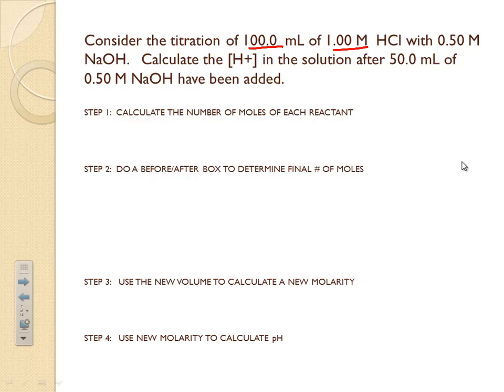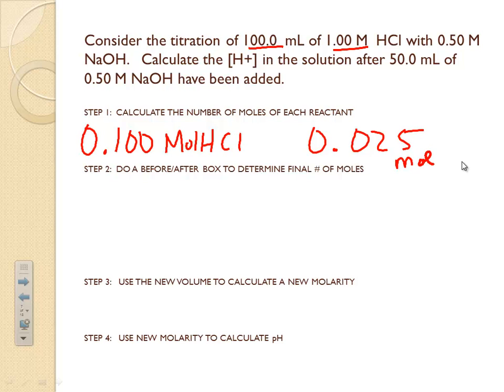And ultimately, that's going to give us 0.1 moles of HCl. And we're going to find that we have 0.025 moles of NaOH.